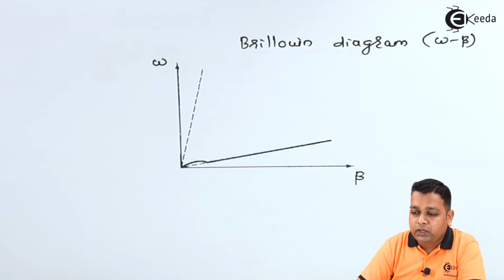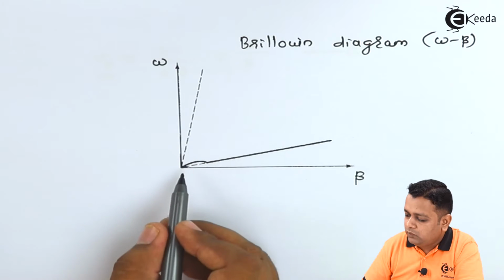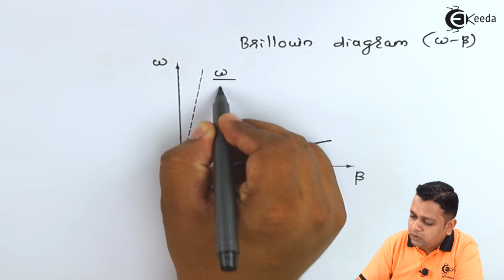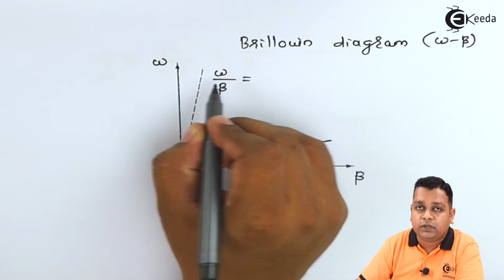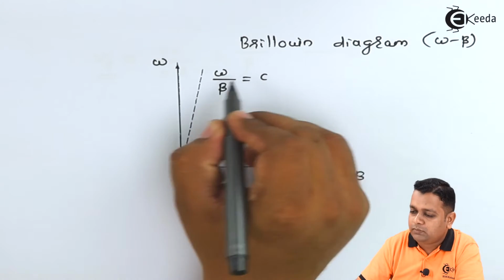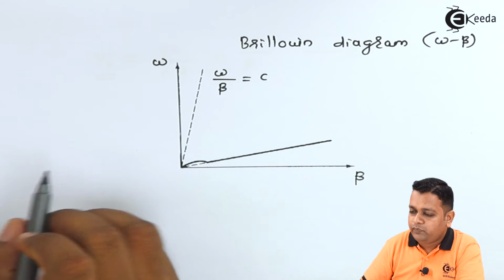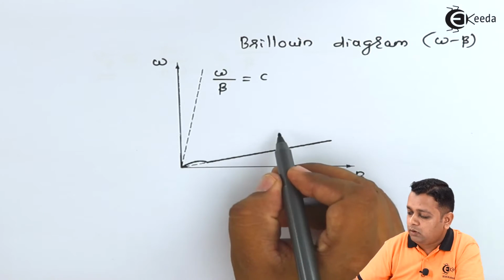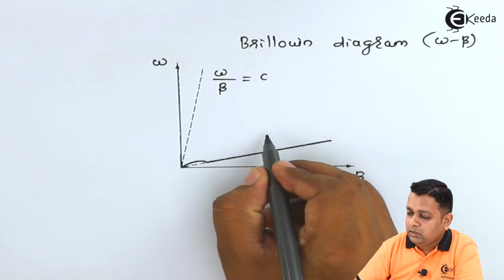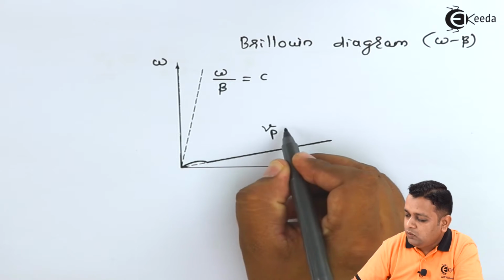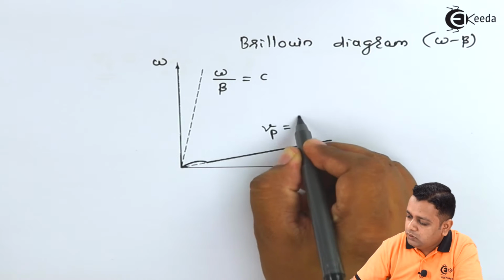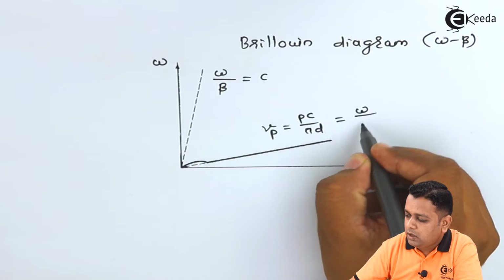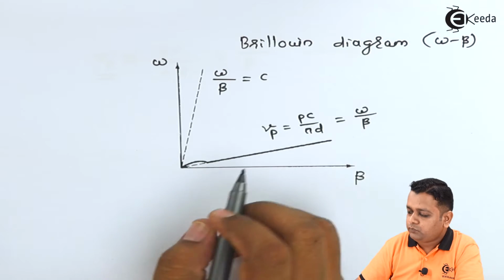This diagram is very helpful. In this diagram, the dashed line represents the ratio of omega with respect to beta for free space, which we can simply represent by small c. And for the solid line, we have the earlier formulation in equation number 3, V suffix P equal to PC divided by pi d, that is nothing but omega upon beta.